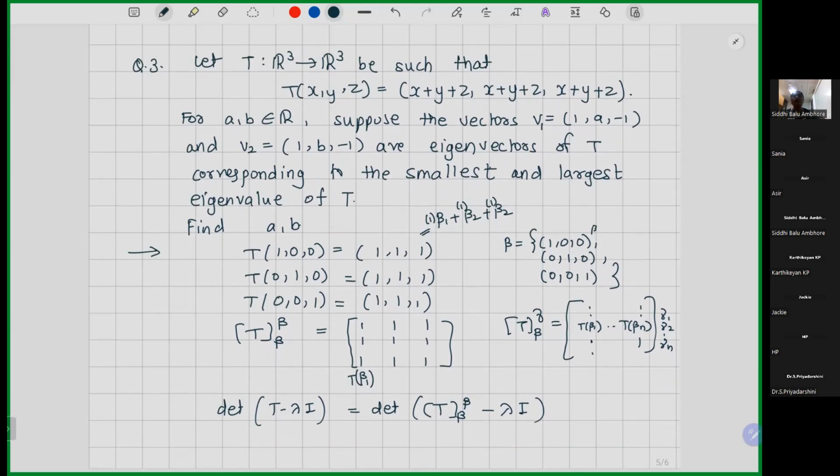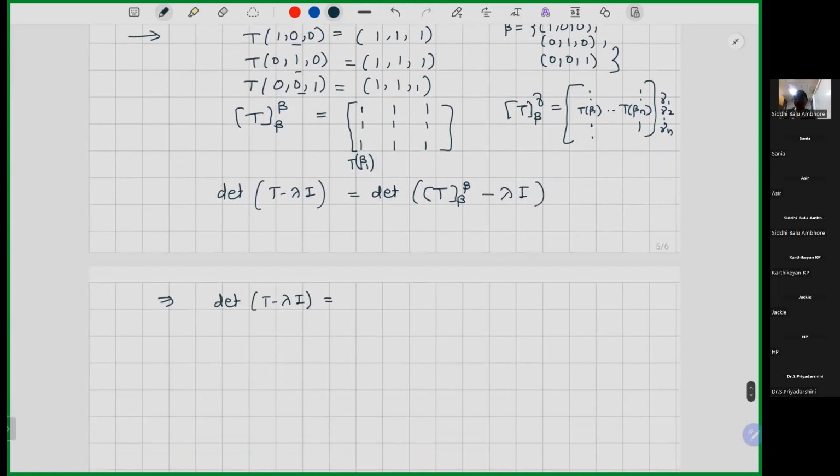I'm just evaluating these three elements, and T is given here. And then these are just the addition of all these three again, and I'm just getting this.